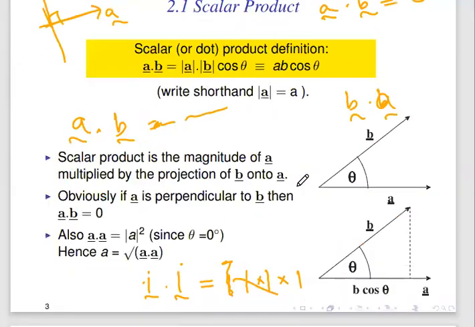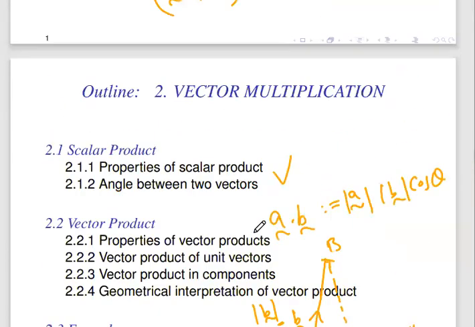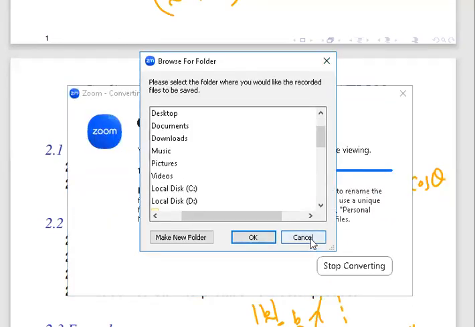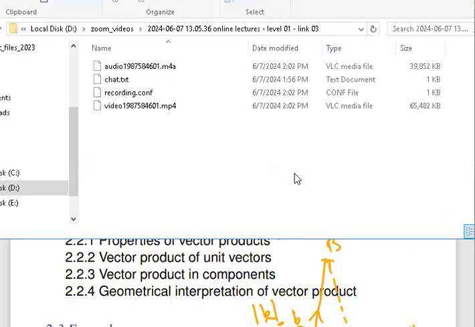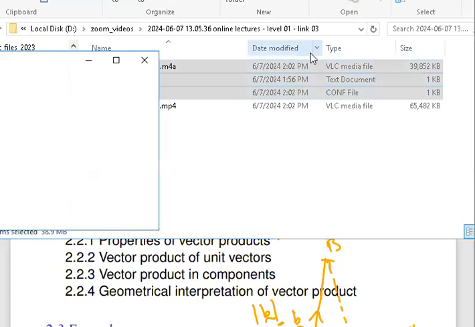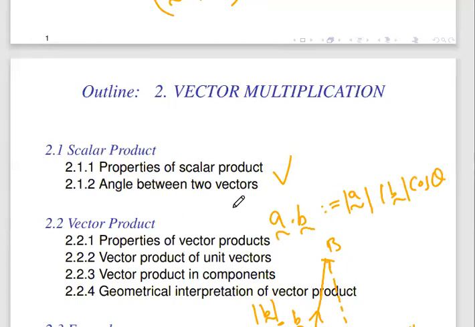Why do we call it scalar product? When we take the dot product, the resultant one would be a number, right? This is a number because it is the magnitude of A times the magnitude of B times cosine theta.